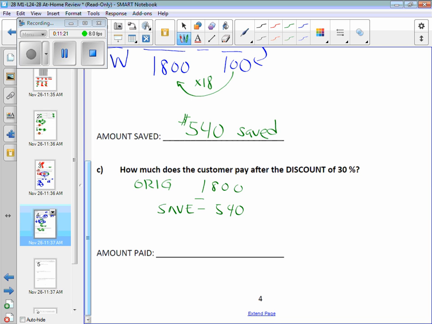And if you subtract that, you'll get the amount that he's paying, which is $1,260, which is also known as the sale price. Sometimes you'll see it listed like that in lesson 28. And that takes care of page 4.